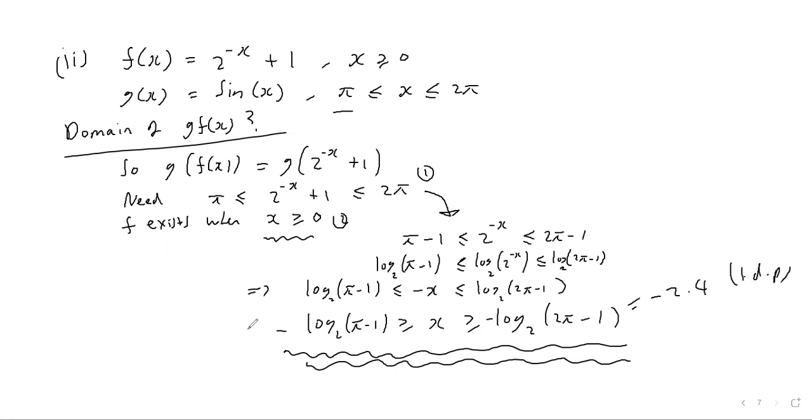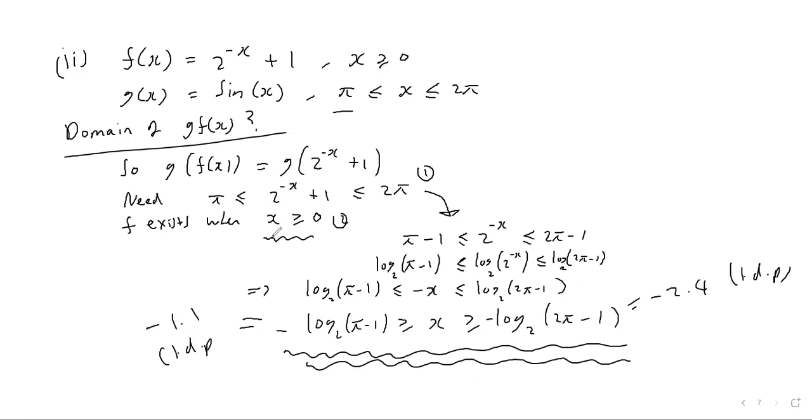And then this number over here on the left-hand side is going to be negative 1.1 essentially to 1 decimal place. So x must be between negative 1.1 and negative 2.4.